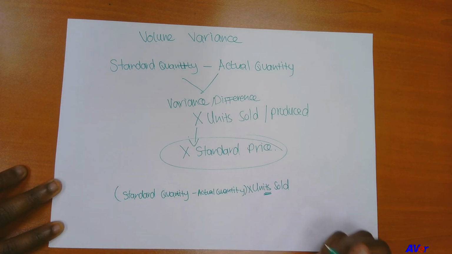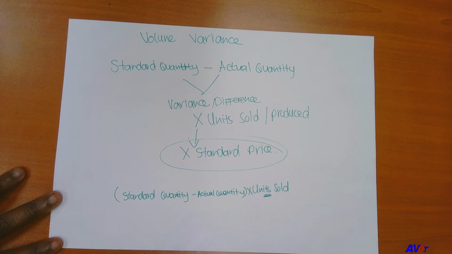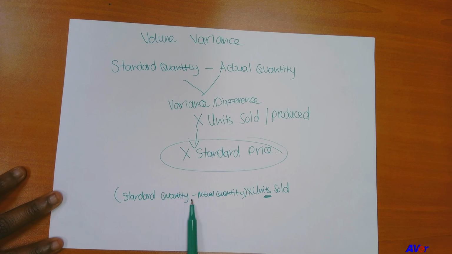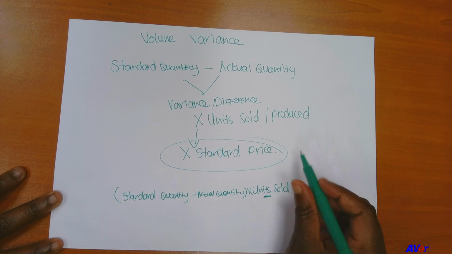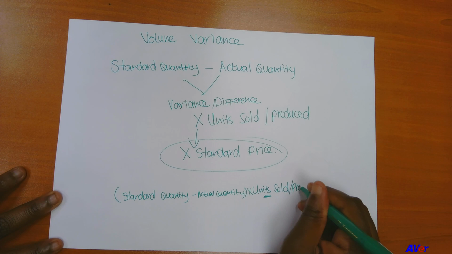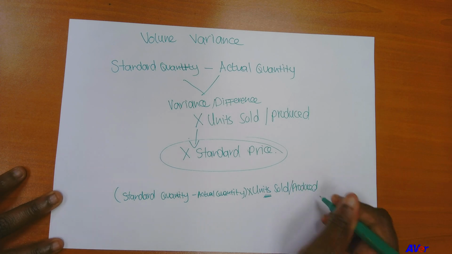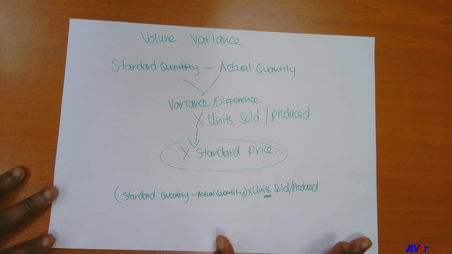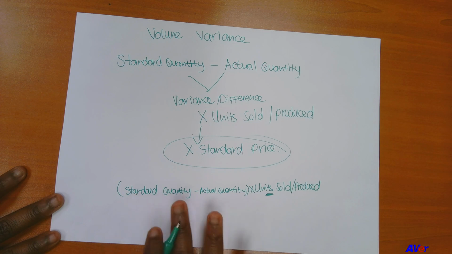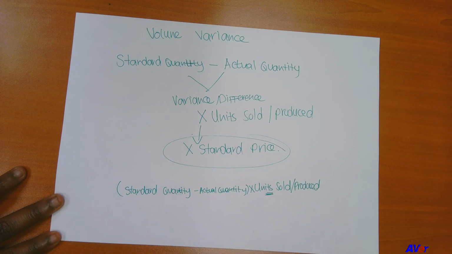In our example, this would have been the 115,000 units, because here I'm just getting the quantity in kgs, and then I'm saying these are the units that we actually sold or produced. In our example, it was the same. Sold and produced was the same.